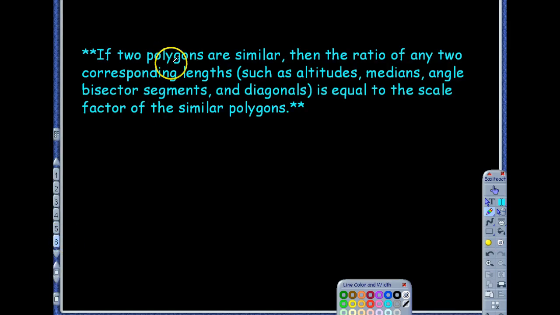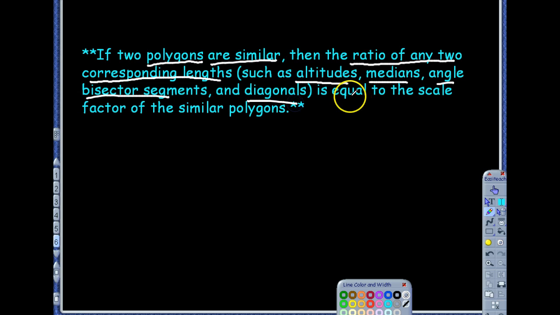It says if 2 polygons are similar, so when you've got polygons in general that are similar, the ratio of any 2 corresponding lengths, like side lengths, which is what we focused on. We've talked about perimeters. But they're also saying things like altitudes and medians and angle bisector segments and diagonals will be equal to the scale factor of those similar polygons.